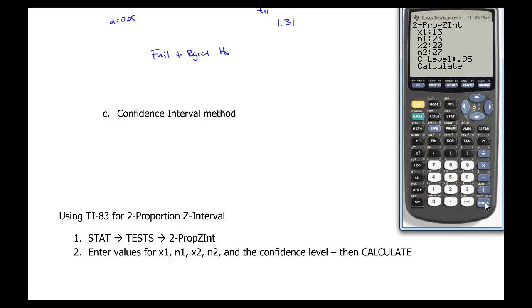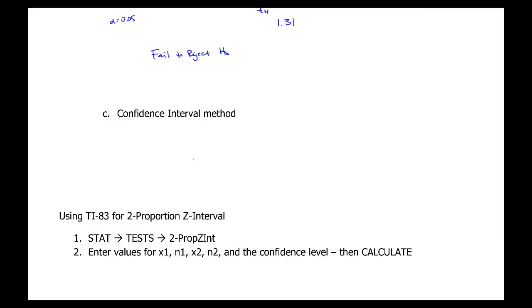And then we can calculate, and there is our confidence interval. So negative 0.437 to positive 0.086. Let's just round them both to 3 digits. So that's our confidence interval.